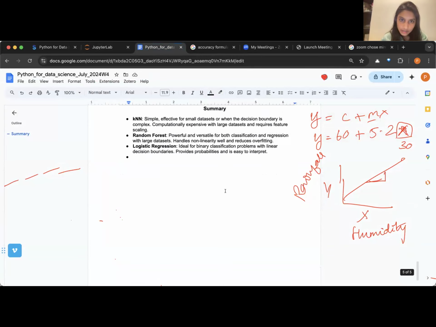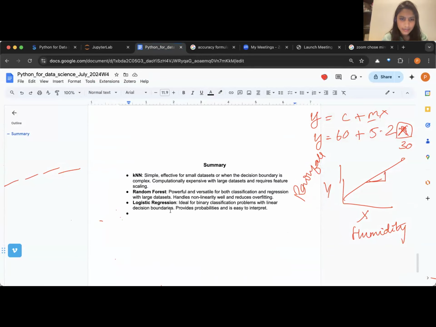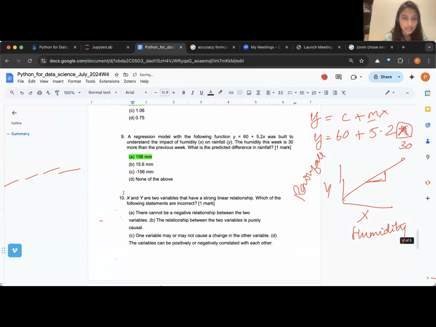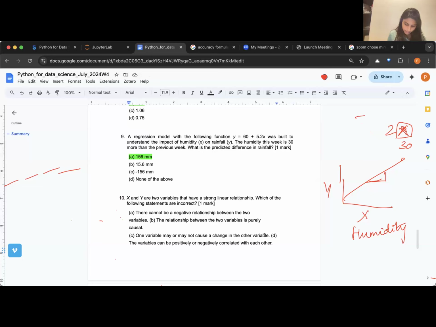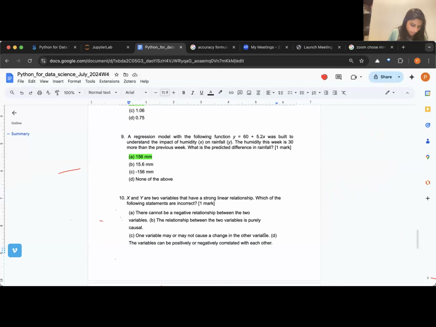Okay, I've just given a summary here. Before that, the last question: x and y are two variables that have a strong linear relationship.